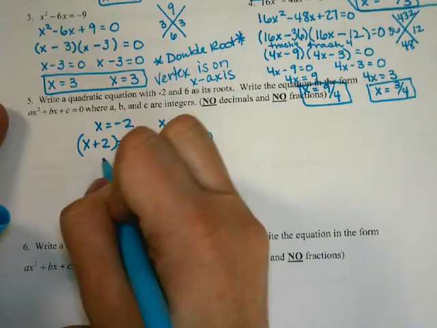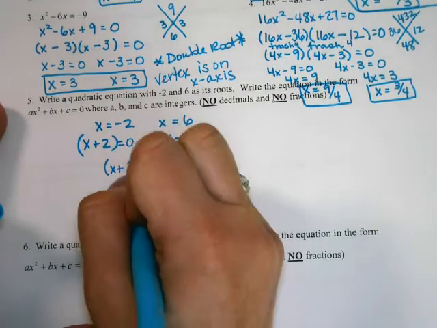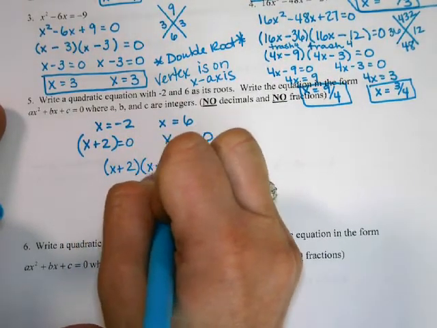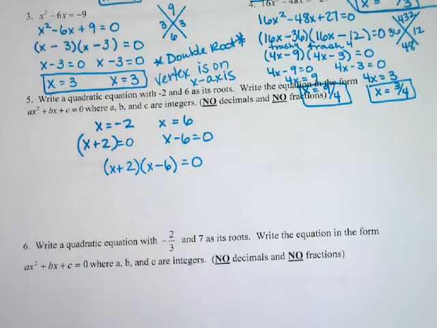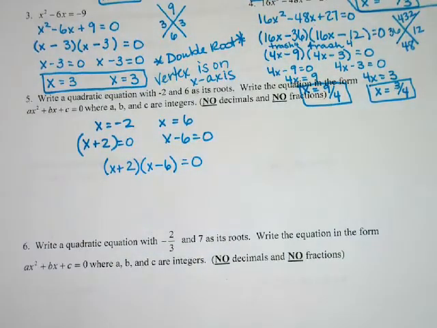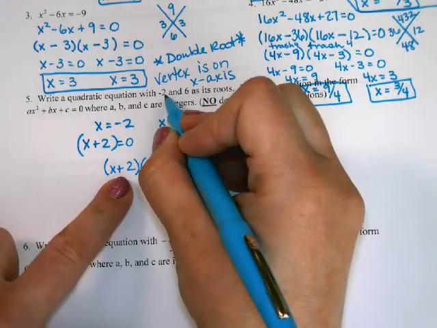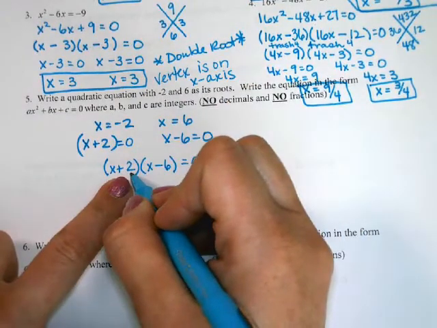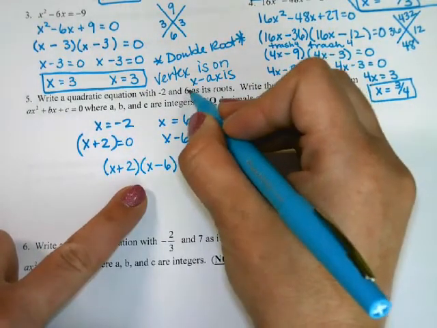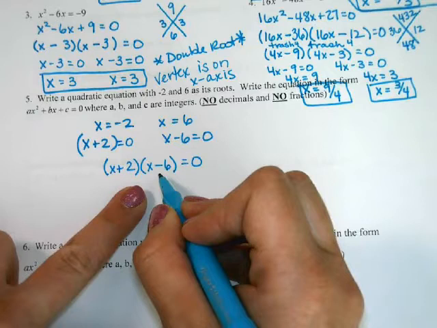And now let's write them as factors. If you notice, all we did was flip their sign. This was a negative 2. It's a positive 2. This was a positive 6. In my parentheses, it's a negative 6. See that?